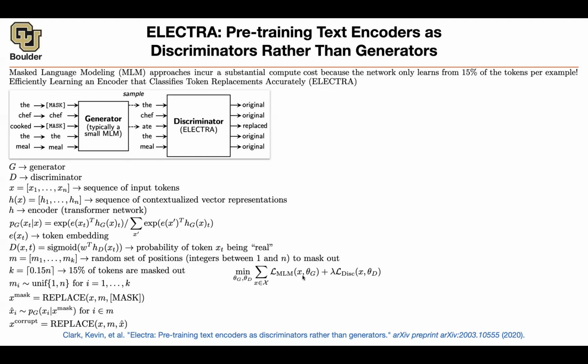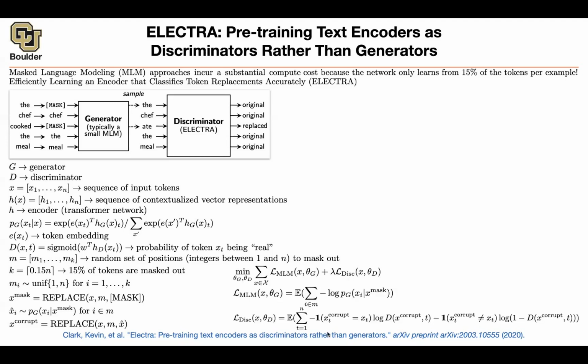But because it's a small model, regardless of how hard you try, it's going to underfit. It's going to keep making mistakes. And those mistakes are going to go into your discriminator, whose loss is to increase the probability of the correct outcome. The outcome could be either this token is the original token or it's a replaced token. And this is just taking that into account.